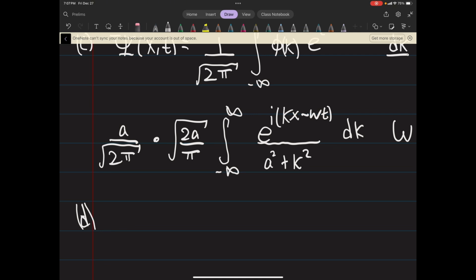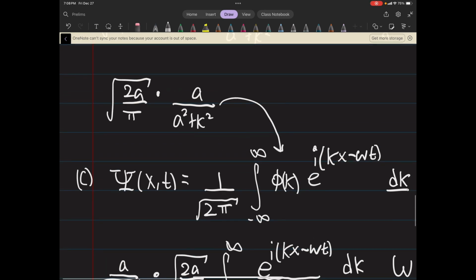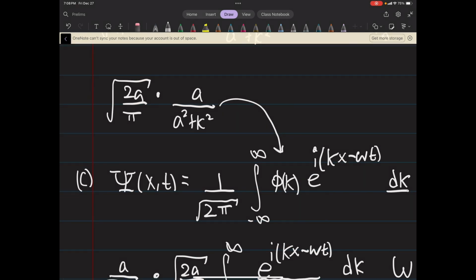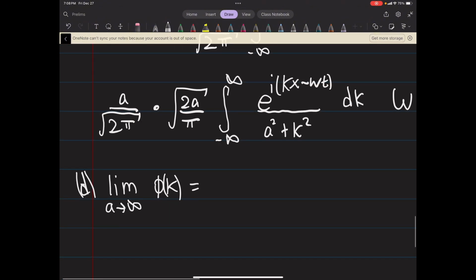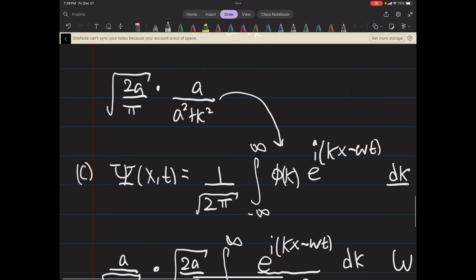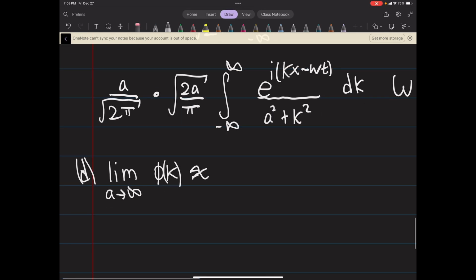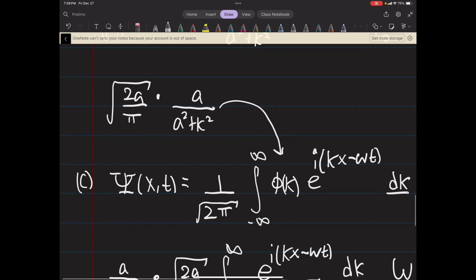So if we take the limit as a goes to infinity for, I'm assuming, psi of k, that will be approximately, so we have 2a over pi still, square root, times, what we're looking at here is the fact that k is really much less than a.